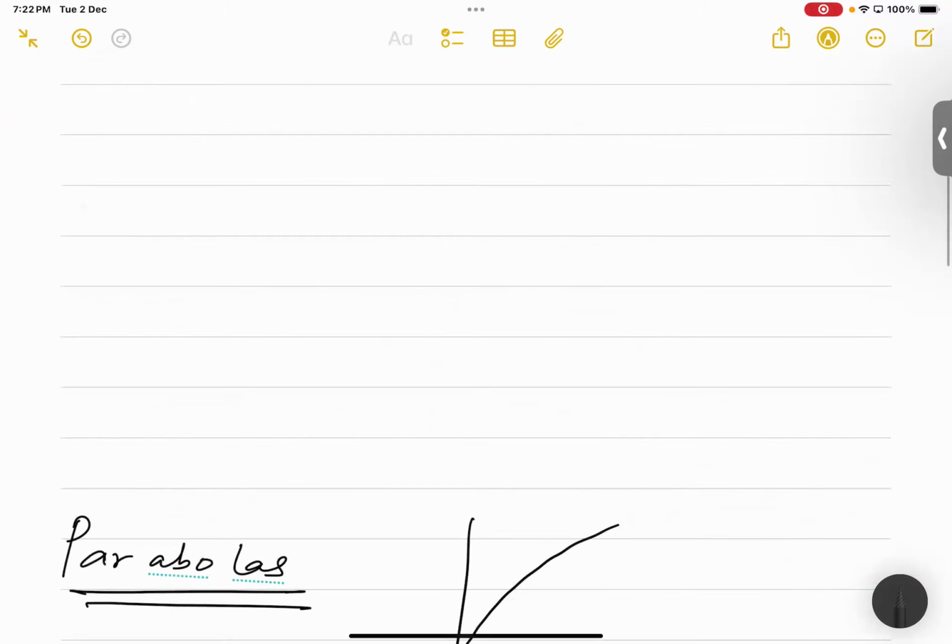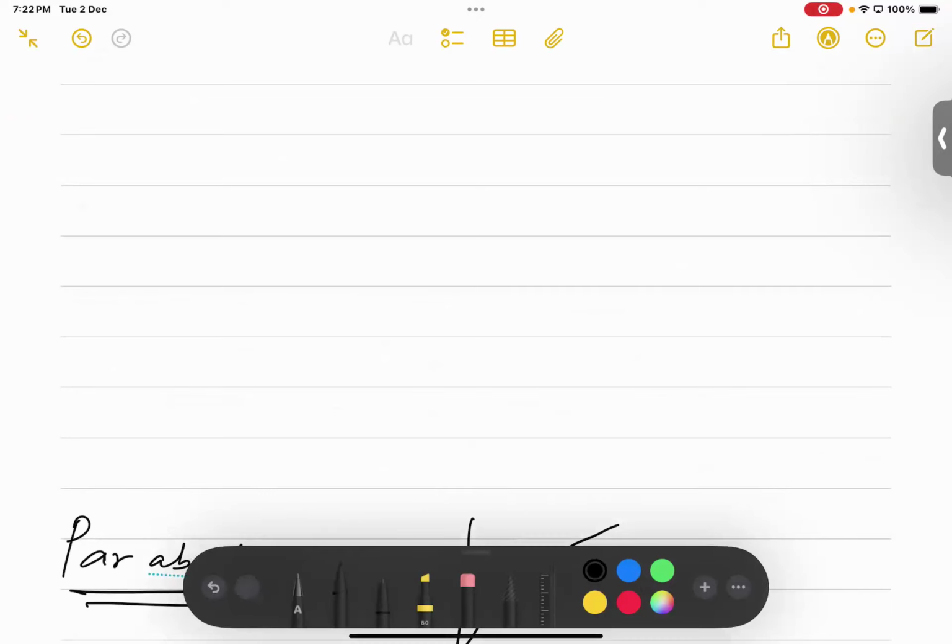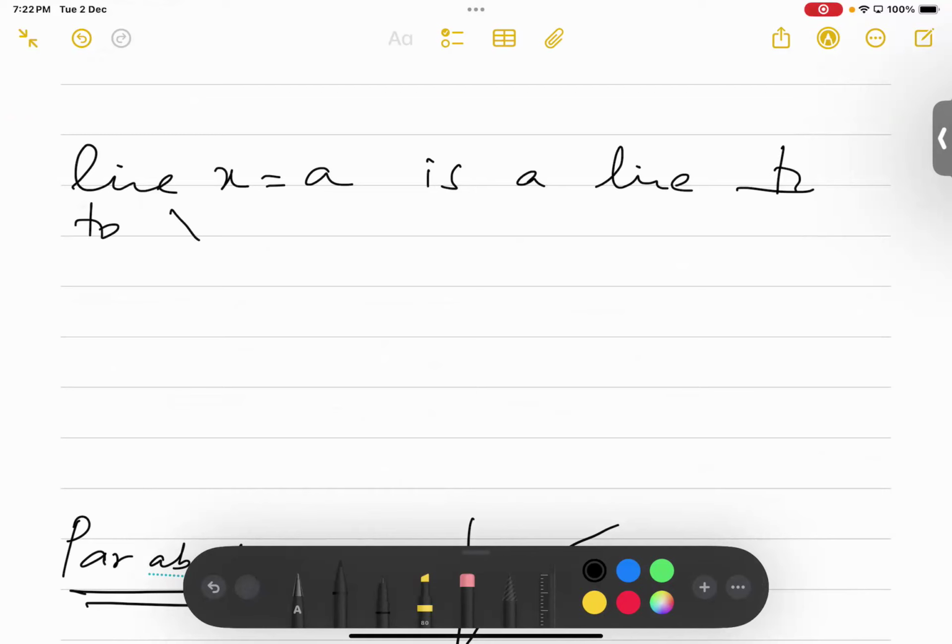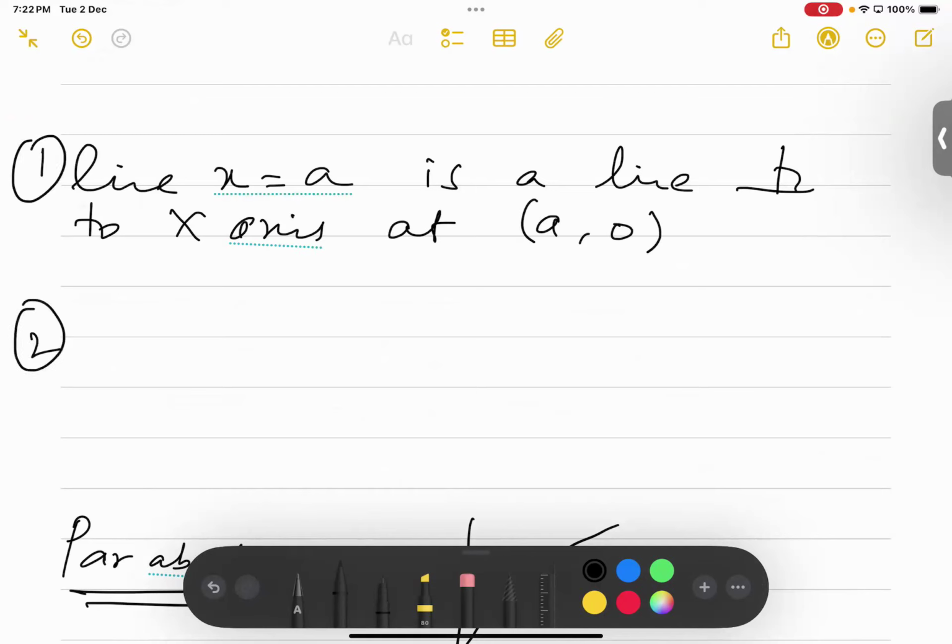Okay, so that note is: line x equal to a is a line perpendicular to x axis at a comma 0. Very important note.